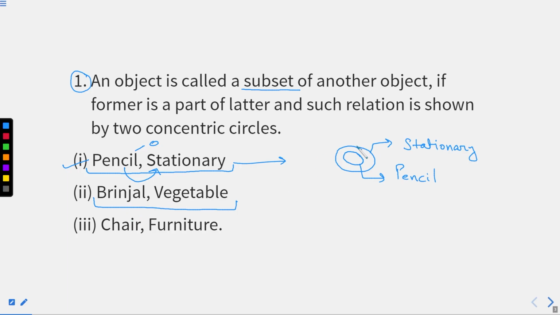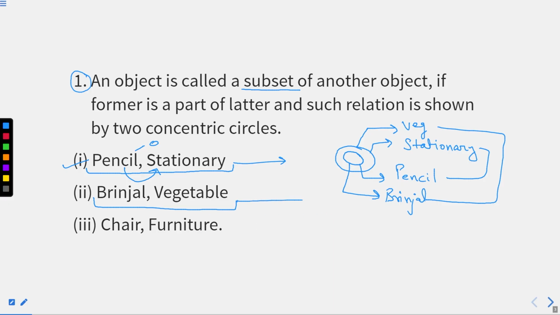So if I use this circle to represent vegetables, you will find brinjal is a part of vegetable itself, right? So the small circle inside the vegetable will be brinjal. I hope this part is also clear. So this is a set and this is one more set, right?